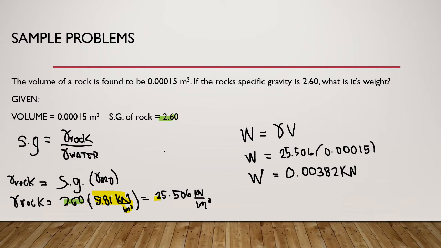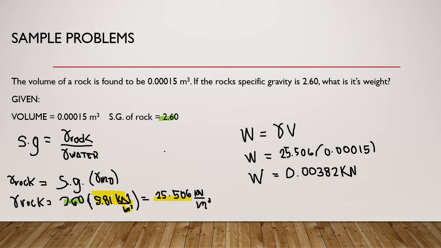Therefore, ang lumabas na sagot, 25.506 kilonewton per cubic meter. So, parang konting laro-laro lang, then direct substitution na rin, ano? Parang ganun lang yung nangyayari, walang masyadong mahirap, kailangan lang kabisado mo yung mga values ng mga constant natin, ano? Ang importante lang naman diyan yung 9.81 kilonewton per cubic meter at 1,000 kilograms per cubic meter, which is the mass density of water and specific gravity, no?